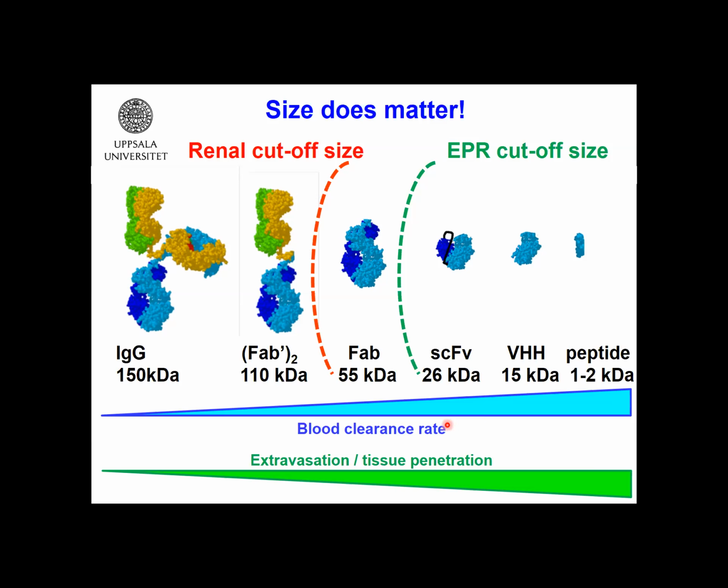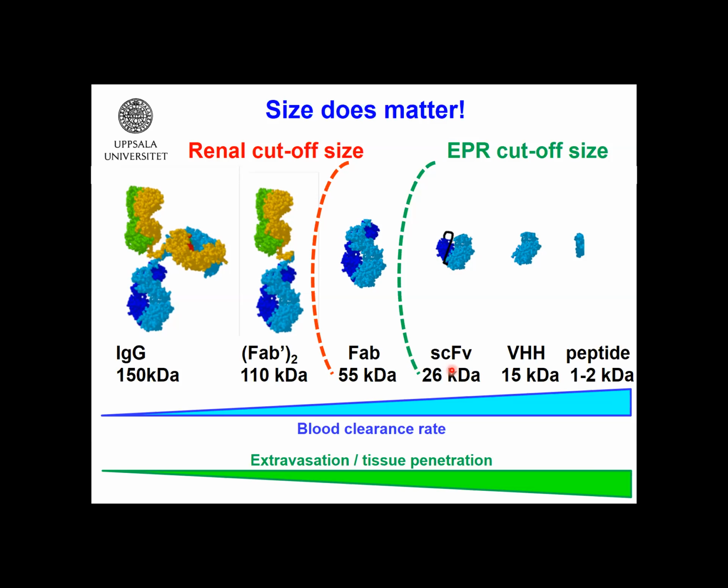In the late 90s, early 2000s, smaller fragments have been developed. For example, the so-called single-chain variable fragment. So the framework has been removed further, and only the domains of antibodies which are responsible for molecular recognition have been arranged as a single polypeptide chain, which, if you like, might retain affinity and specificity to a target.